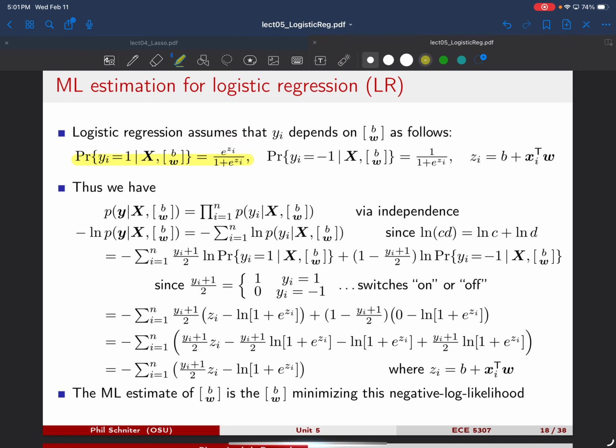And remember, zi now is a function of the training features for that sample as well as our tunable parameters, b and w. So this is what happens if y equals 1. But then if y equals minus 1, we actually have a different expression, it's just fundamentally different. So what we do is we have to use a little trick in our derivation, which I'll get to in a moment.